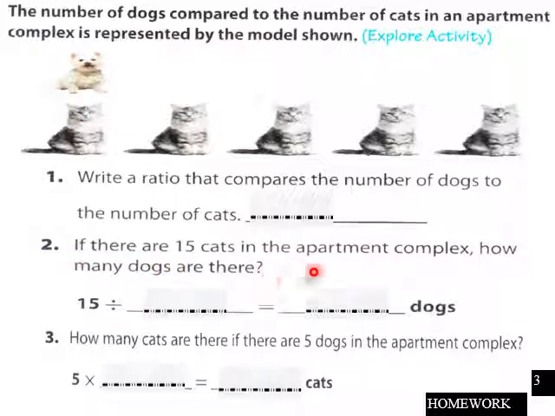If there are 15 cats in an apartment complex, how many dogs are there? 15 cats. 15 divided by blank equals blank dogs. You have to fill in the blanks there. How many cats are there if there are 5 dogs in the apartment complex? 5 times blank equals blank cats. 6 points here.